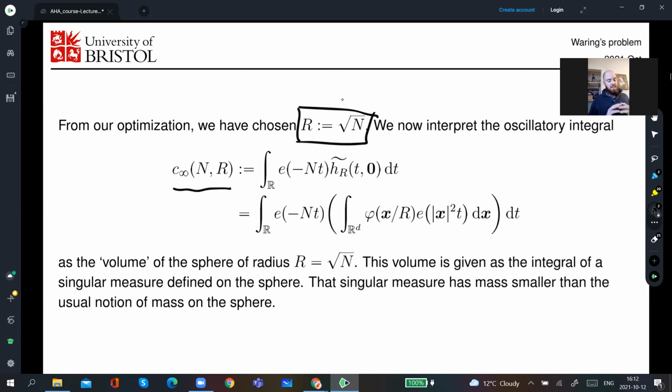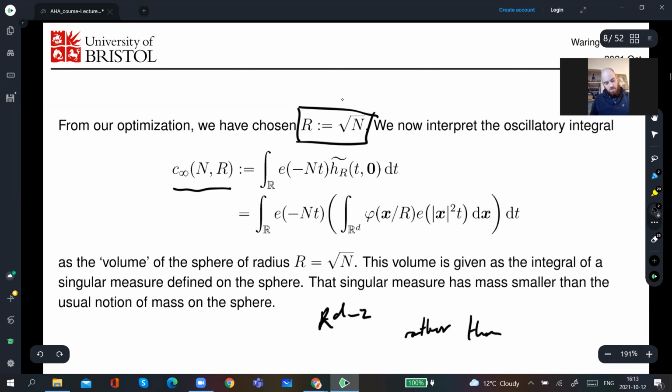This singular measure is a bit different from the usual measure on the sphere, at least when R is not equal to 1. It grows appreciably smaller, because we saw before it grows like R to the d minus 2, rather than R to the d minus 1, which is noticeably bigger.